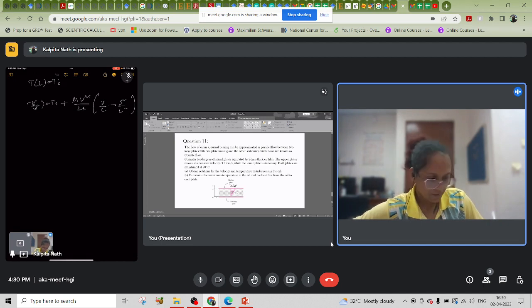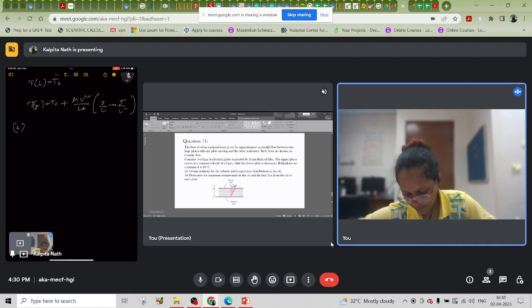Now the temperature gradient is determined by differentiating T of y with respect to y.